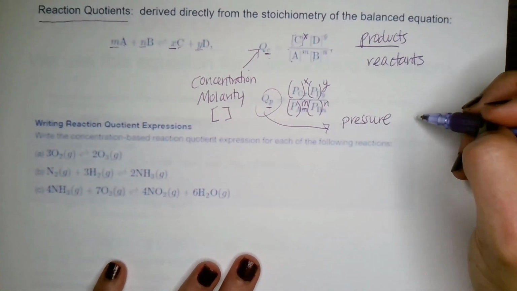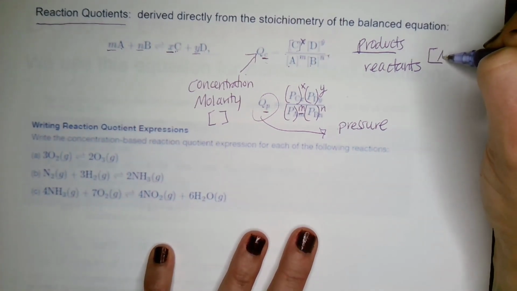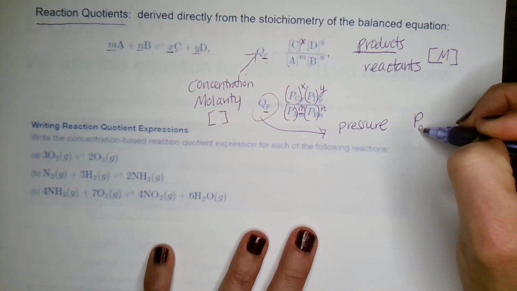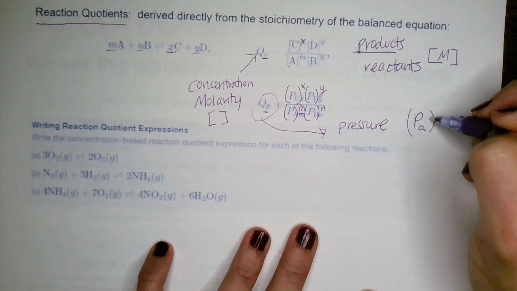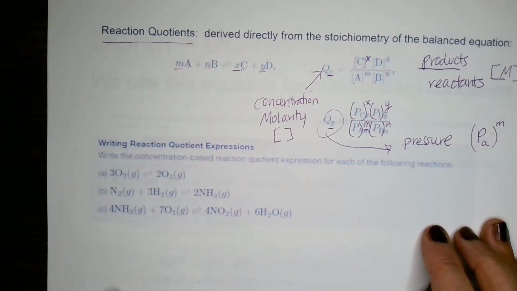And when we're writing these reaction quotients, again, we use these brackets because it's molarity. And here we do the partial pressure of A raised to the m power, whatever that coefficient is.